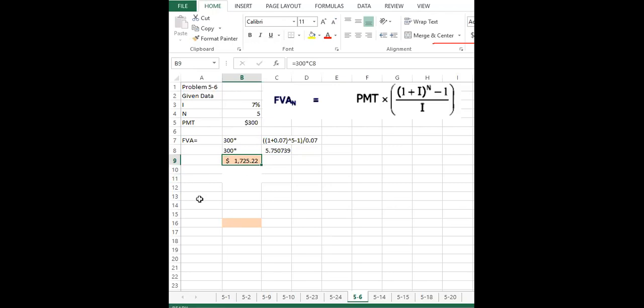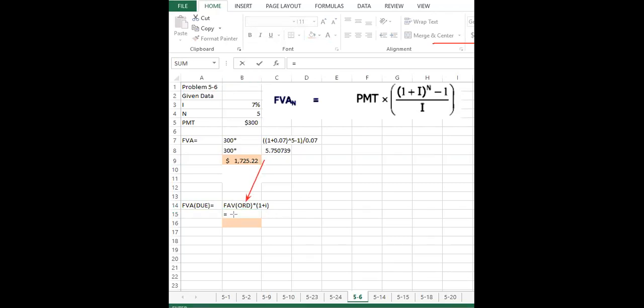And how can you calculate annuity due? What is the formula? Future value of annuity due is equal to the future value of ordinary annuity multiplied by 1 plus I, that is the interest rate. Okay, so the future value of ordinary annuity we have just calculated. Here it is, this one.